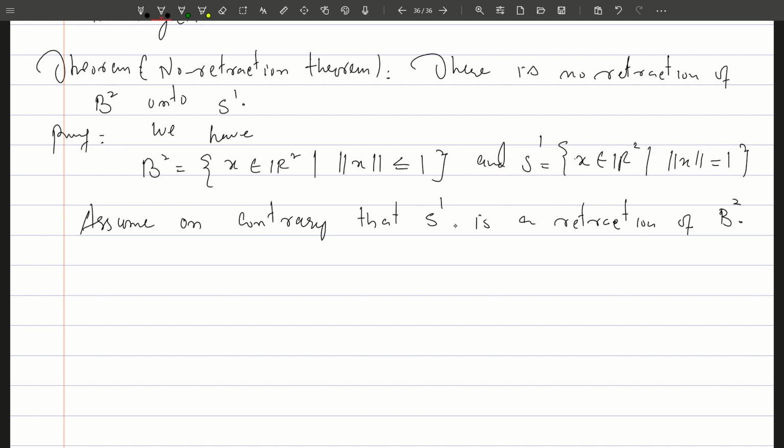Let I from S1 to B2 be the inclusion map.